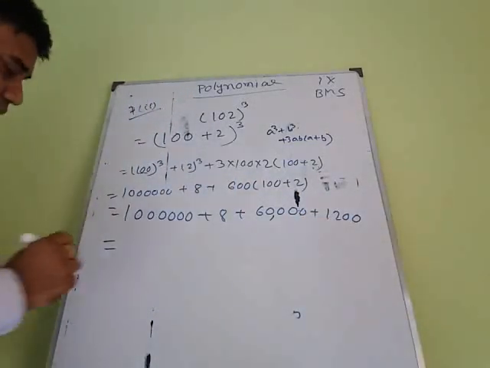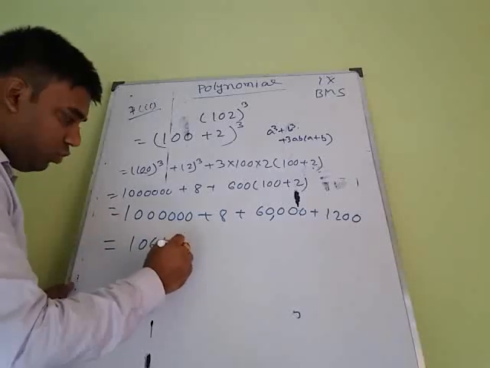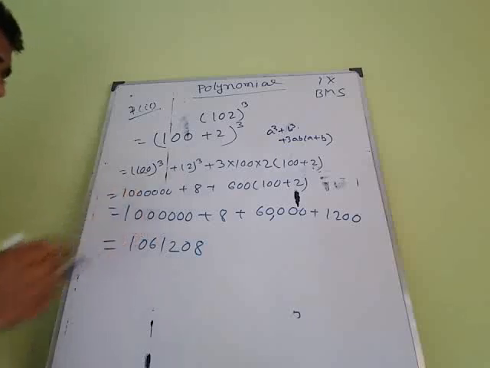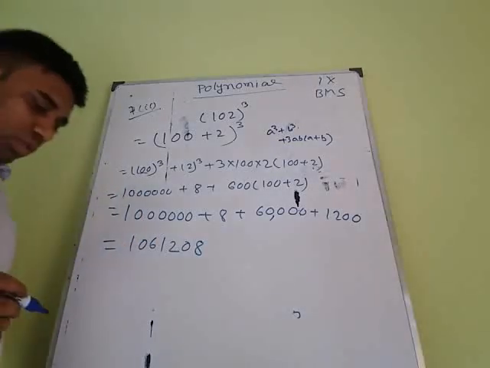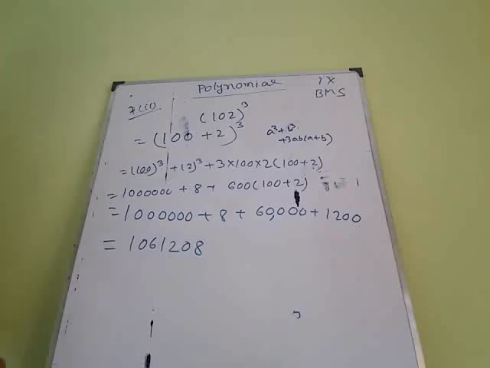Adding these, we get 1061208. That is the answer, the value of 102 cube by using the identity of (a + b) whole cube.